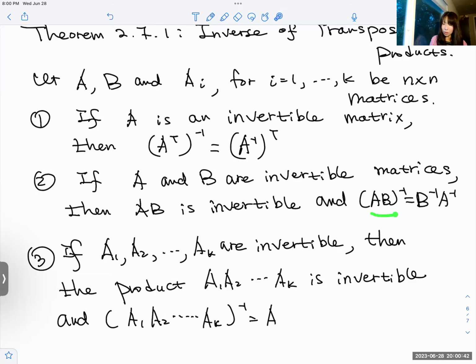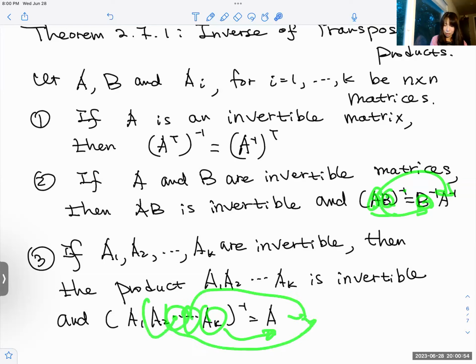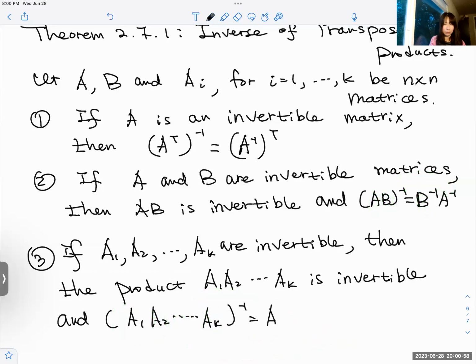So look, we have the inverse of AB, then this one inverse, and then this one inverse, so we use this inverse first, then this, and that. So we're going to have A sub k inverse, A sub k minus 1 inverse, then A sub 2 inverse, A sub 1 inverse, all right?